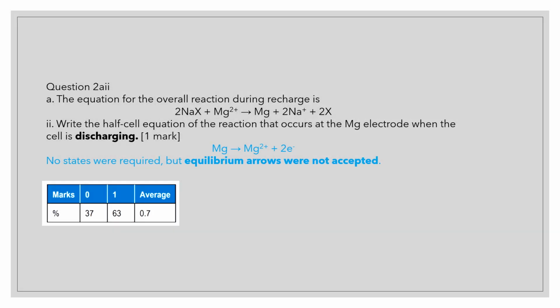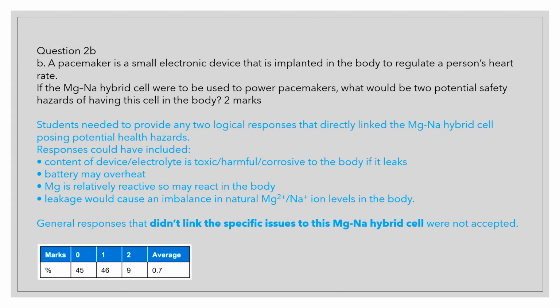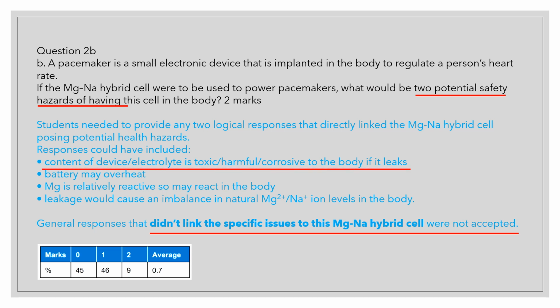When this cell is discharged, Mg metal loses electrons to be converted into Mg ions. The two potential safety hazards should be related to the features of Mg cells. This cell has two features, Mg metal and electrolyte X. The cells contain toxic substances. If it leaks these substances, they could damage health. Also, Mg is a relatively active metal, so it may react in the body.